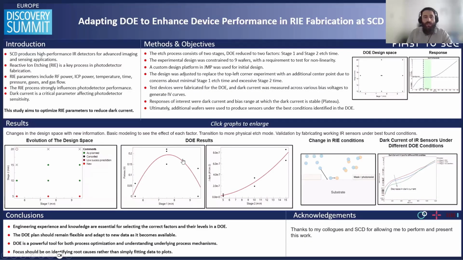We've seen that DOE is a powerful tool not just for optimization of processes, but also to increase knowledge and gain more understanding of your processes. And finally, the focus of any DOE or experiment should be to gain more understanding rather than just fitting data to a plot.